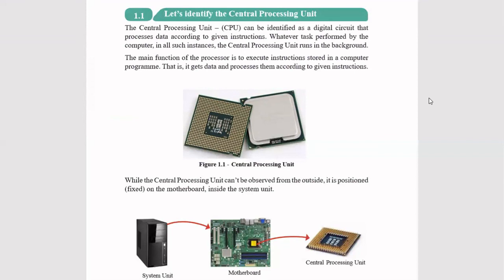Without the central processing unit, you cannot work on the computer. The basic or main function done by the processor, processor meaning CPU, right, is to execute all the instructions, get the data, process the data, and give the relevant information.